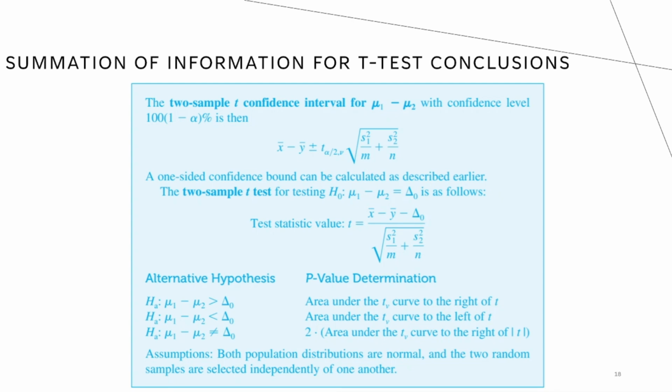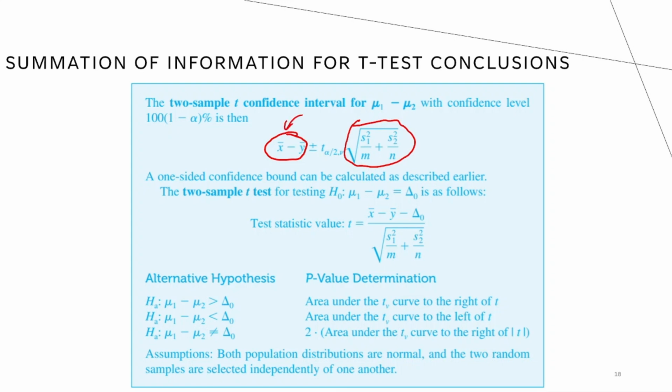All right, so as before, the book gives you some summative information, the different information that you would use to conduct the t-tests, and provides the information about the confidence interval. And if we look at this very abstractly, we're looking at a very consistent definition for the confidence interval.